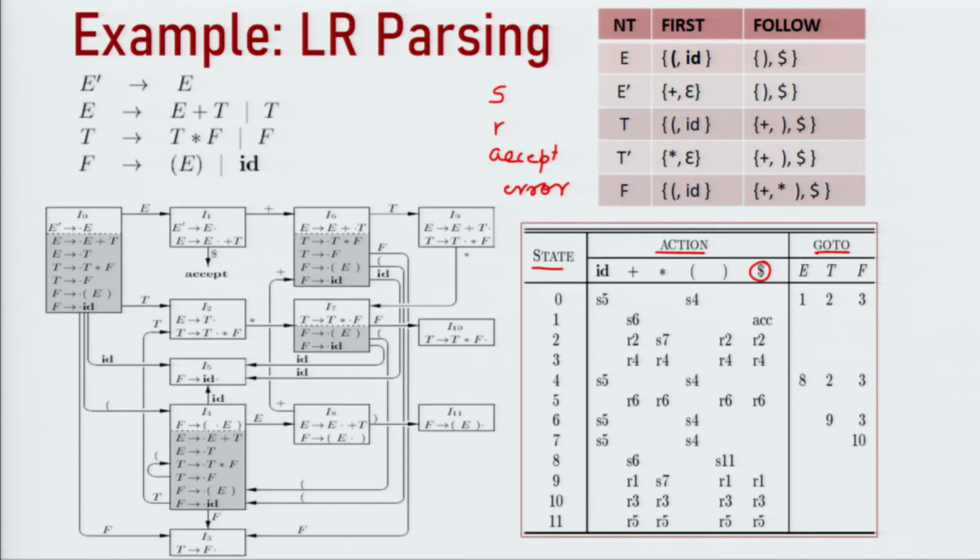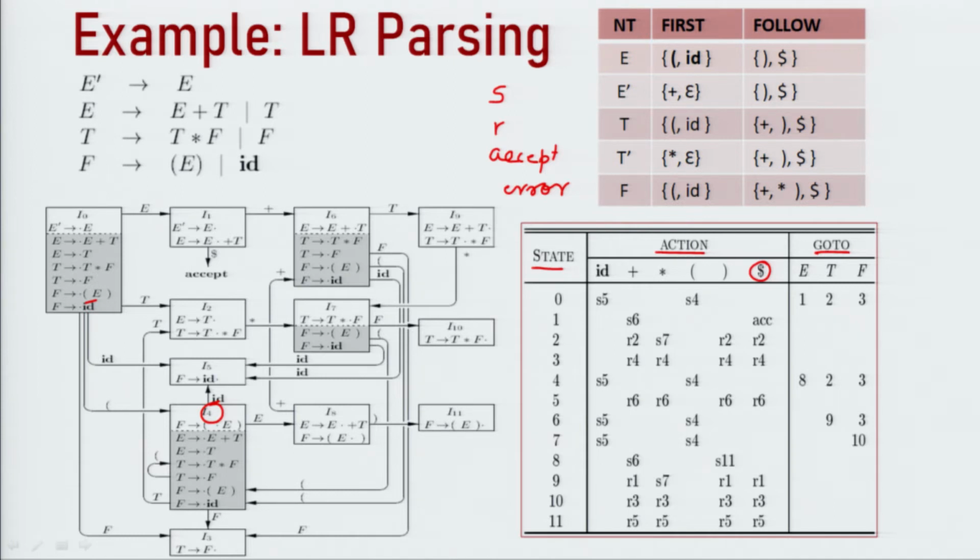Now, see here we will look at I0. At I0 we will look for the item where immediately right of the dot we have a terminal. So, here immediately right of the dot we have a terminal, right. Due to this terminal, opening parenthesis, the next item is I4.